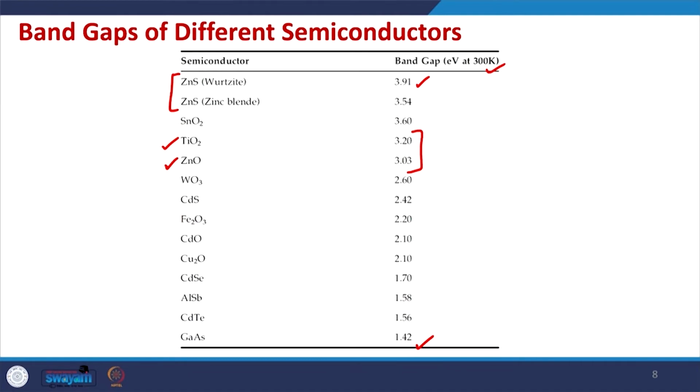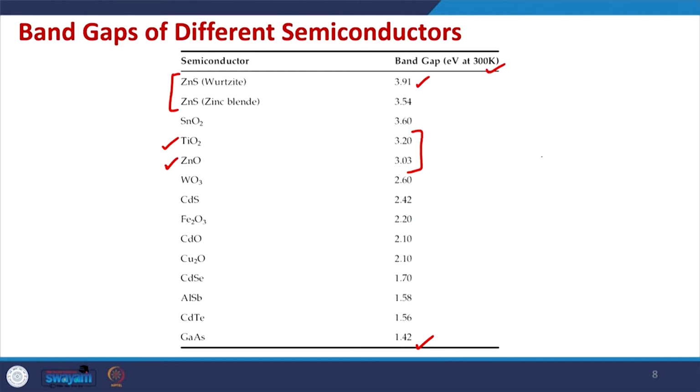Why do they want to reduce the band gap and how can they do this? They can reduce the band gap by doping or using localized states. There are many possibilities, but here we will try to understand why they are going for reduction in the band gap, in particular for TiO2 and zinc oxide.